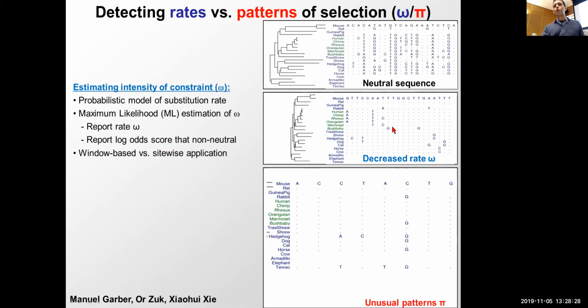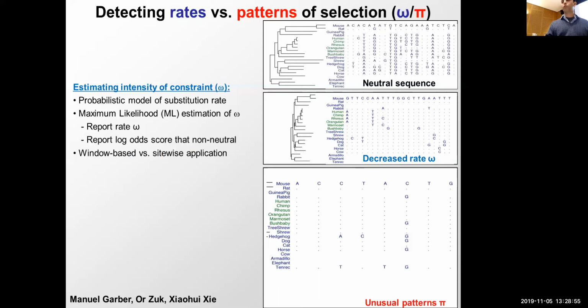If you only had one column of the alignment, you could say, well, I only have so much evidence. If you have many, many more columns of the alignment, you could have a more robust estimate and a higher probability, or a higher log odds score, that your sequence is evolving in a non-random way. And you could do that both at every nucleotide in isolation, or in a window-based approach. Raise your hands if you're with me so far. Awesome. So that's the rate of change.